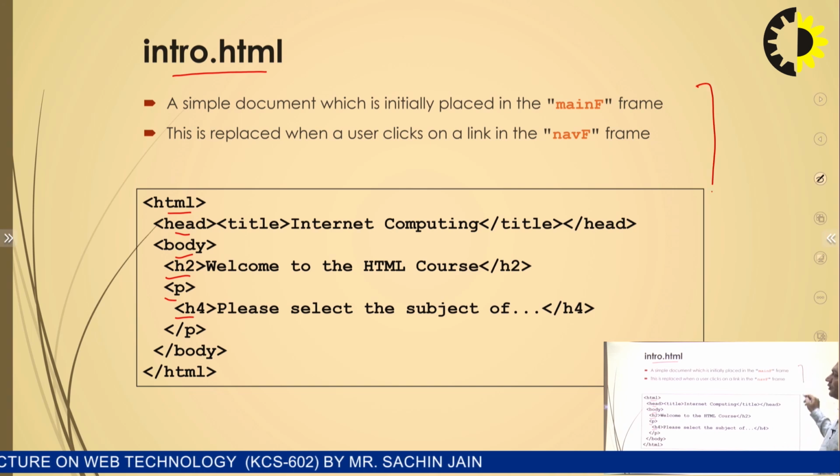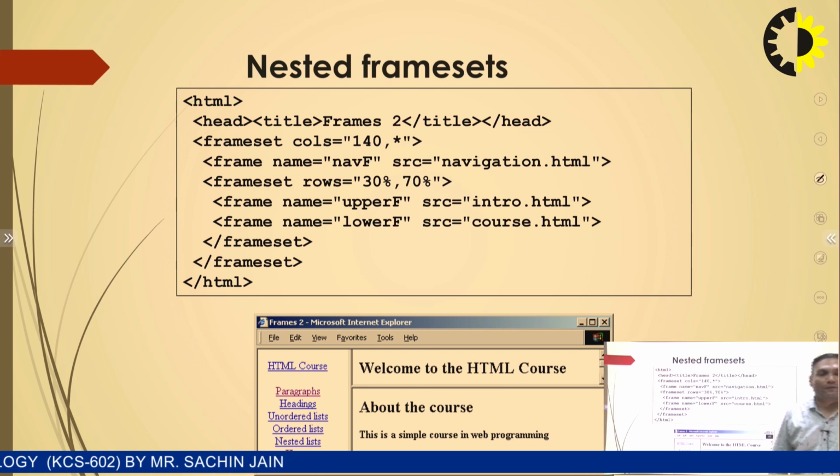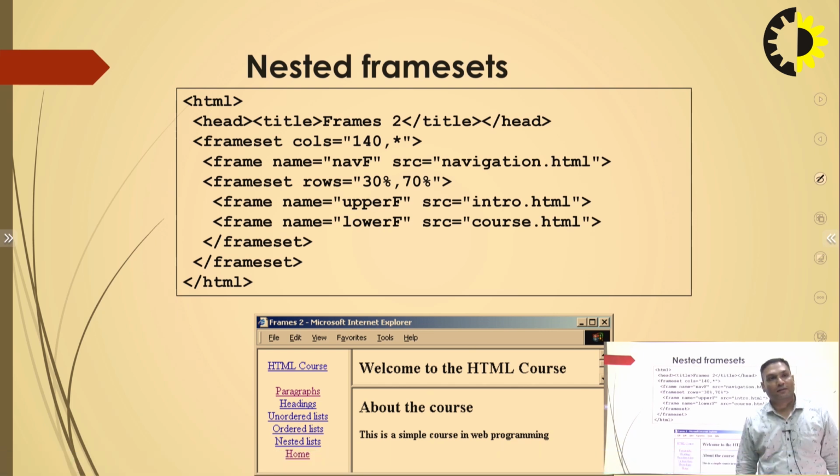Another type of frameset is the nested frameset. Nested frameset means we are defining a frameset inside another frameset. Let's see an example here. The frameset is divided into two columns, 140 and the others.